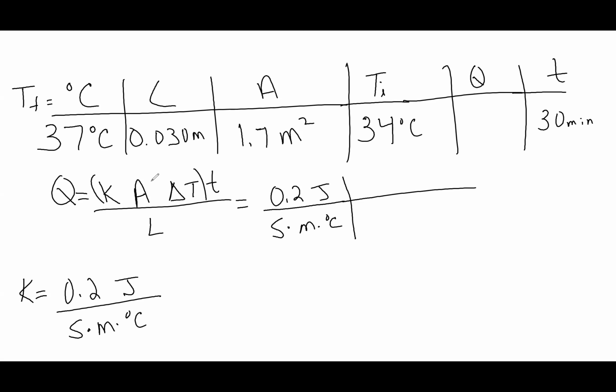The area they said is 1.7 meters squared, times change in temperature, 37 degrees minus 34 degrees. So my delta T, oh, I'm sorry.